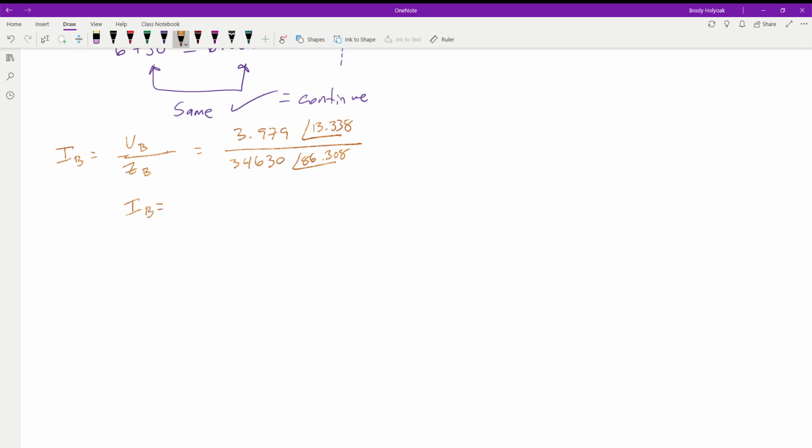Our current comes out to be 114.9 microamps at an angle of negative 72.97.